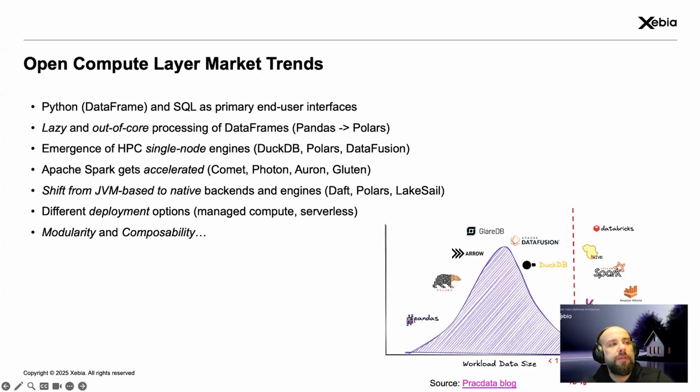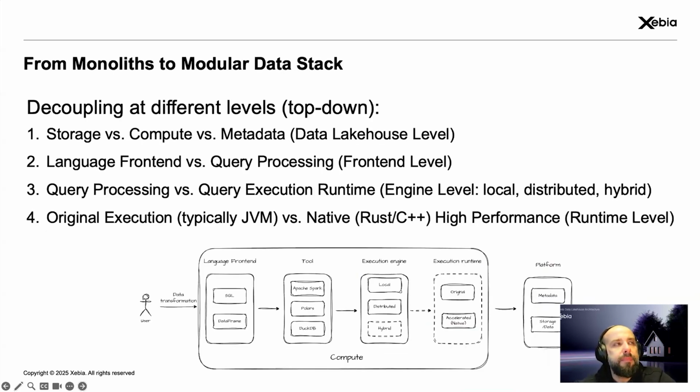But there are two more concepts that I would like to introduce and show you how they are evolving: modularity and composability. We can observe that data systems are evolving from monoliths, like an old-time database system where everything was tightly coupled, towards really modular data stacks.